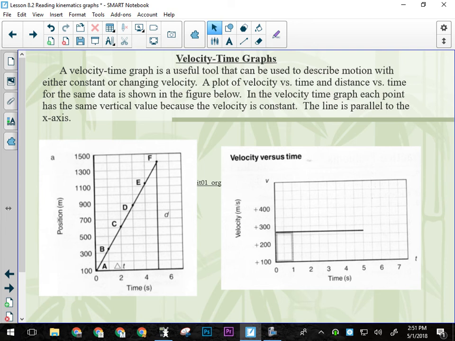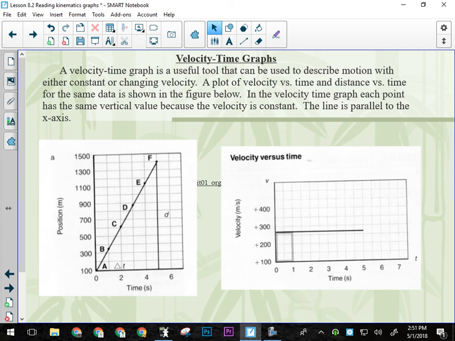So you have to interpret each graph differently. In fact, these two graphs are showing the exact same thing, the same object. They are a graph of the same experiment, but they look very different.